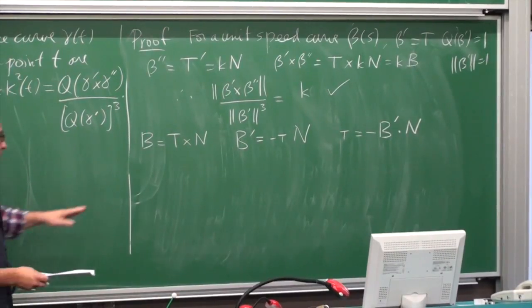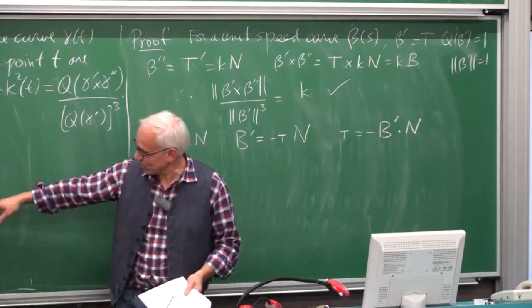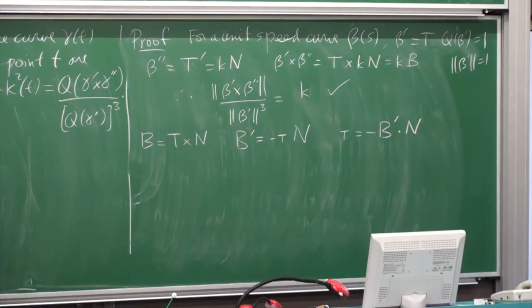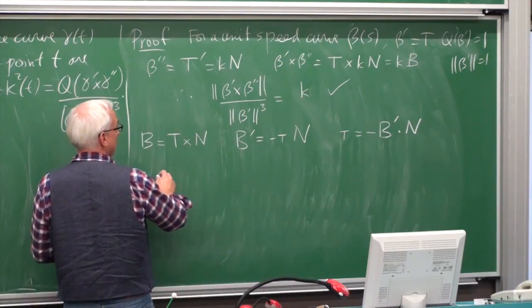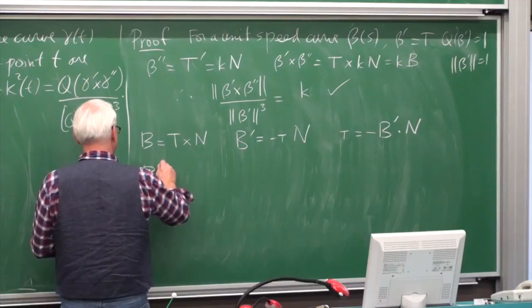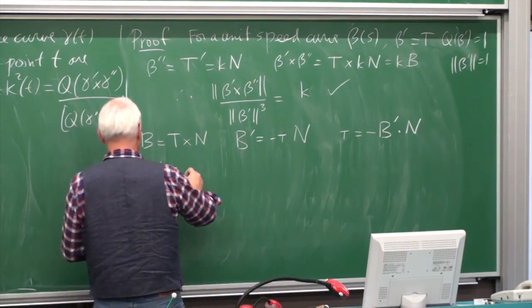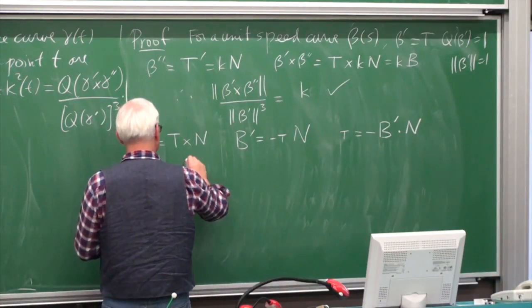All right, so let's try to evaluate what this thing is and see if we get something that looks like that formula. Okay, so what is b prime? Well, what is b itself? B is t cross n. And t is beta prime, so we have a beta prime.